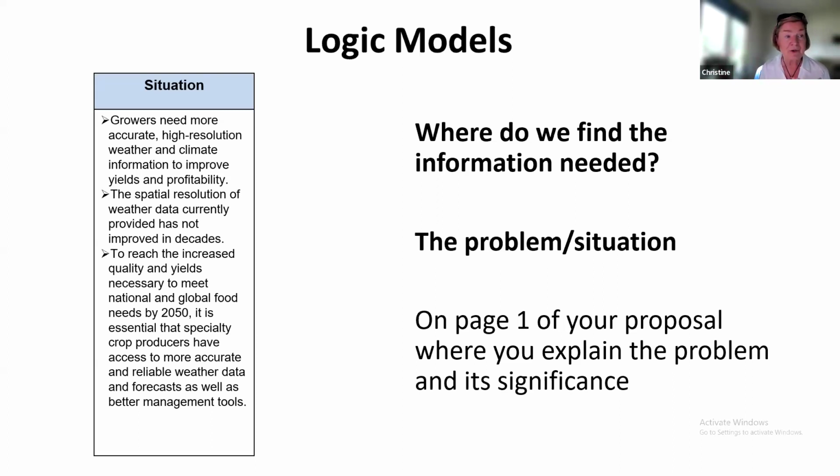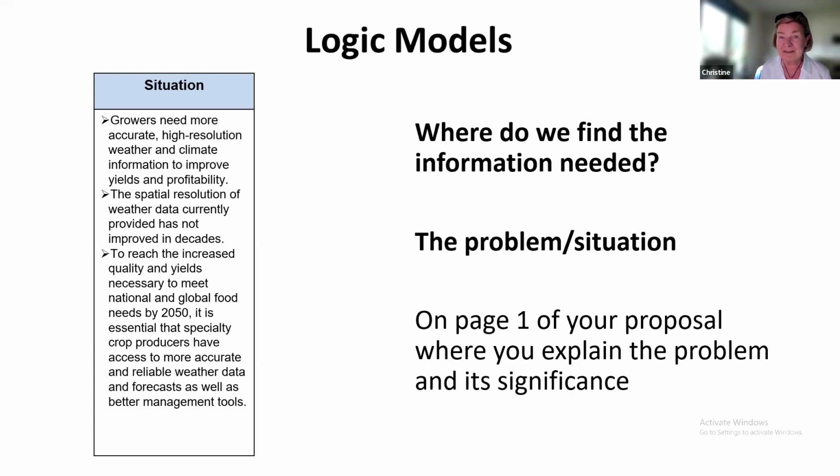This is the problem. Growers need more accurate, high-resolution weather and climate information to improve yields and profitability. The spatial resolution of weather data currently provided has not improved over decades. To reach the increased quality and yields necessary to meet national and global food needs by 2050, it is essential that specialty crop producers have access to more accurate and reliable weather data.